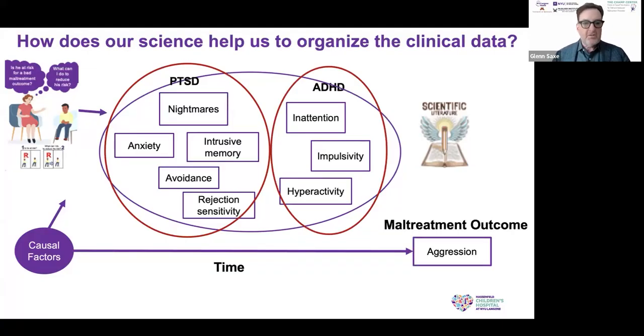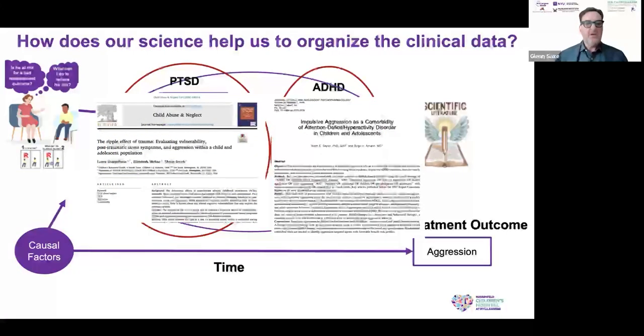And then this clinician, where this is a story about her, might go to the literature and remember she read something: the ripple effects of trauma, valuing vulnerability, PTSD symptoms, and aggression with the child and adolescent population. Or she could look at ADHD and aggression, impulsive aggression, as comorbidity for ADHD in children and adolescents.